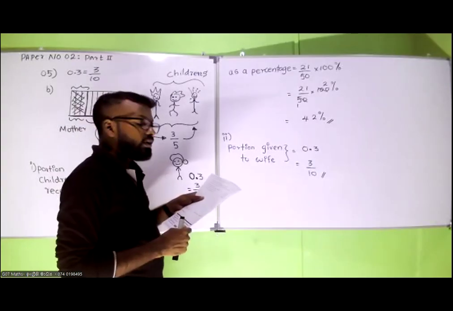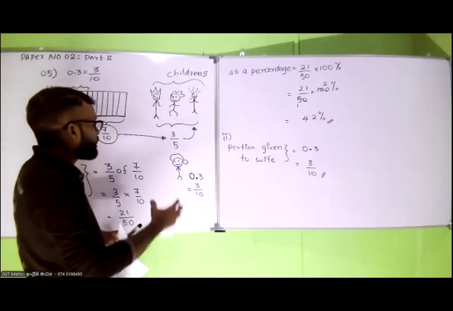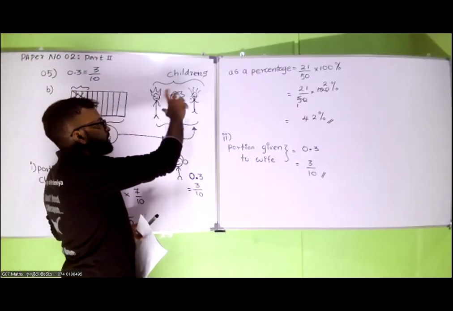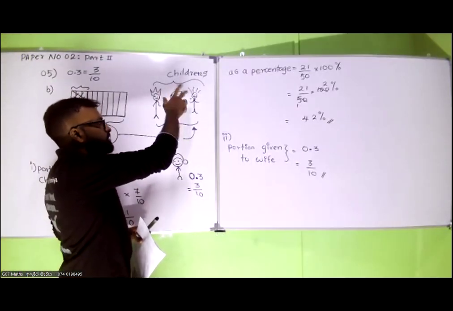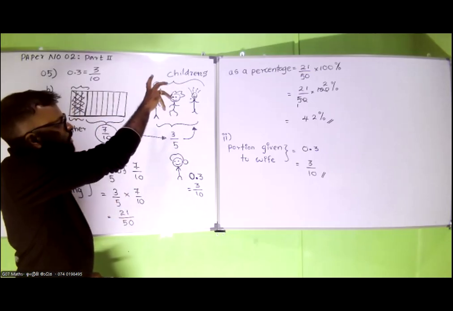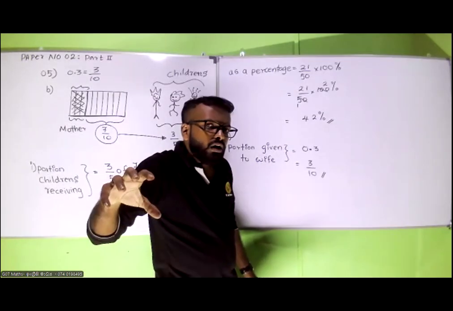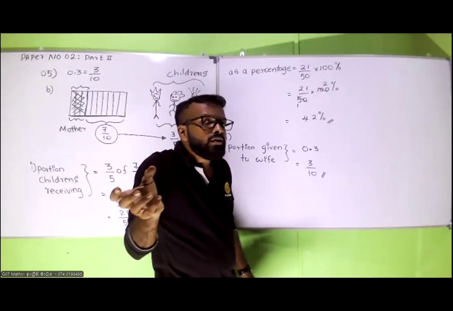Find the portion remaining with him. After giving this 3 upon 5 fraction to the children out of this 7 upon 10, we need to find how much of the portion is kept with the father.